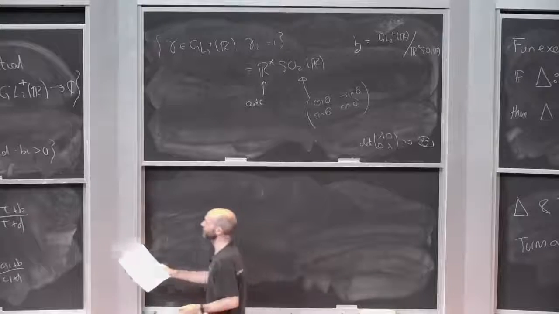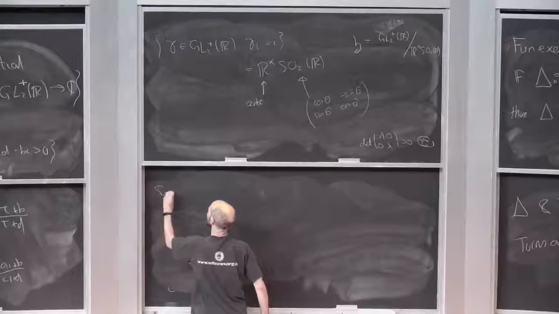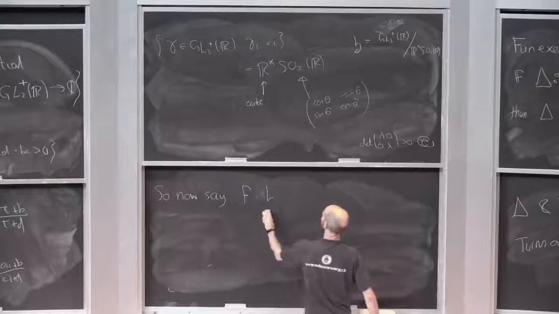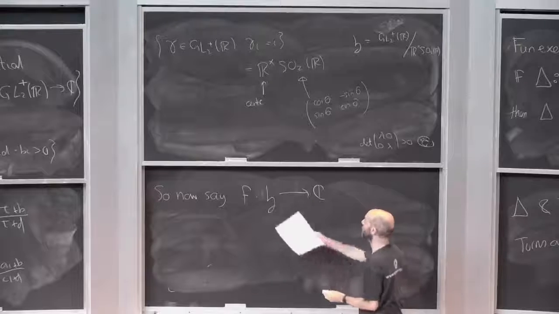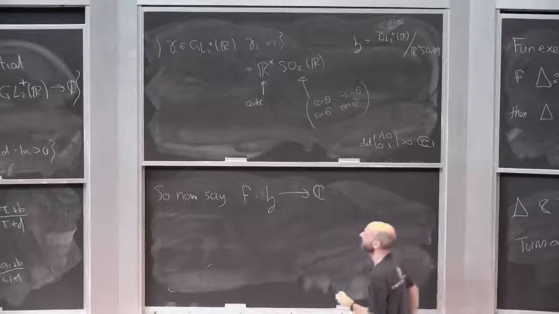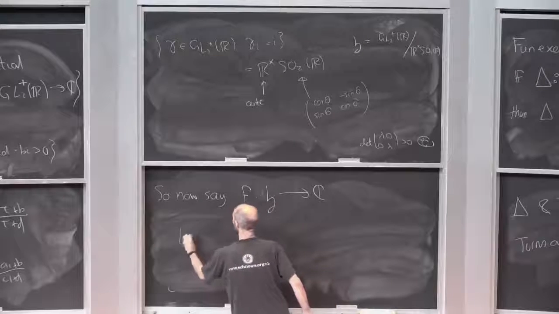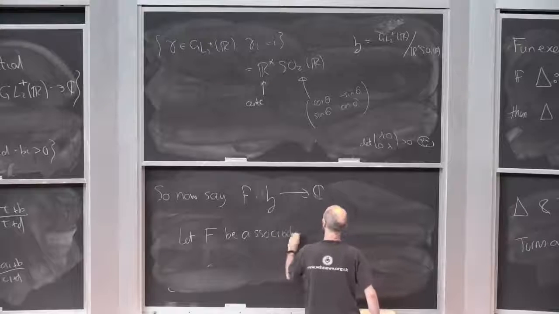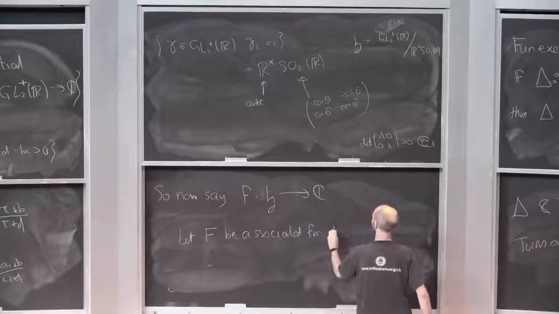So now say I actually have some function f on the upper half plane to the complexes. That might look familiar to some people. We let f be the associated function on GL2+(R).